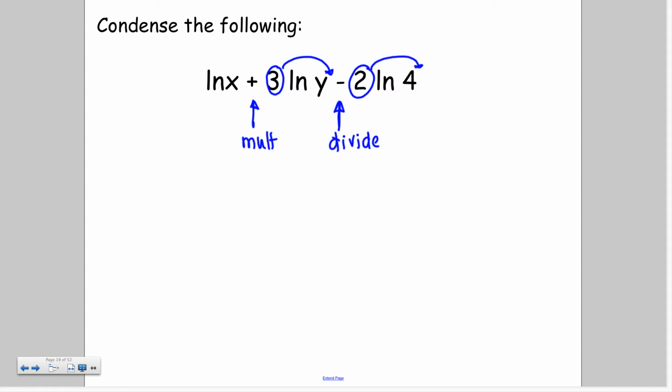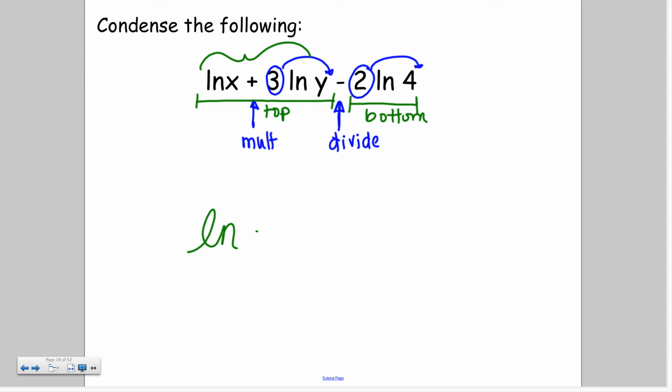Everything before the subtraction sign goes on top. So these two right here are going to be multiplied together on top of your fraction. Everything after will be on the bottom. All right, and it's a natural log, so we can leave it as a natural log. So we'll put the ln in. Okay, and we know it's going to be division.